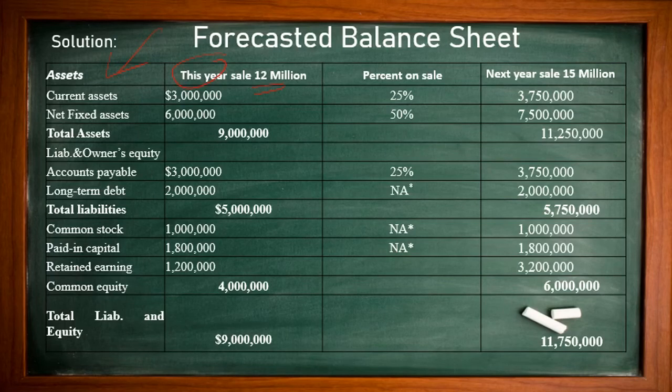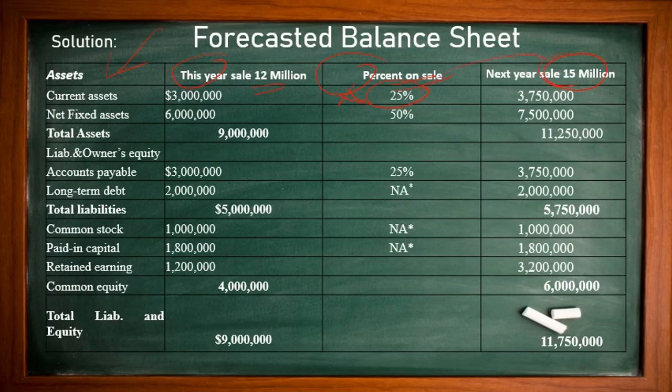Now we will get the percent on sale here, and we already calculated that current assets are 25% on sale. Next year sale we are predicting 15 million.